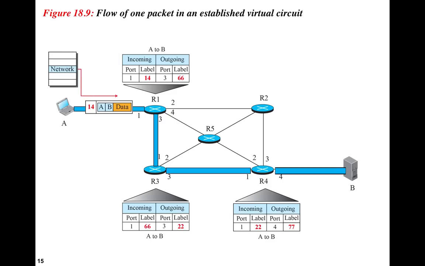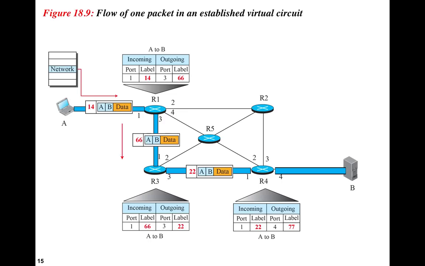There you go. A is sending a packet and the label assigned to it is now 14 because A knows the number. It arrives at R1. R1 sees the packet arriving on port 1 with label 14 and sends it to port 3 with label 66. So it is now sent to R3 with label 66. When it arrives at R3, R3 knows that anything coming on port 1 with label 66 should be sent to port 3 with label 22, and that's what it's done now.